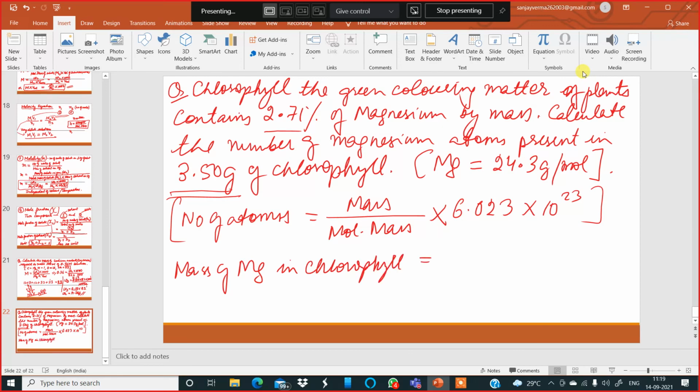The percentage is given, so we do it this way: 2.71 divided by 100, into 3.50. Simplify this and tell me the mass of magnesium.